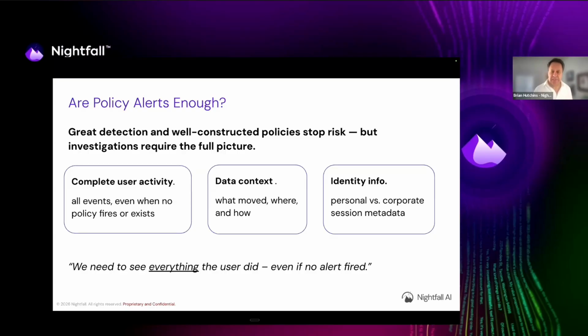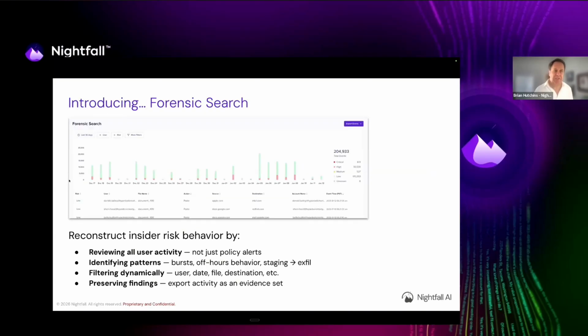And so we've been listening, and the feature I'm going to show you today is brand new. It's called Forensic Search. What we've heard from you all is that when you need to reconstruct or do an insider risk investigation, you need the ability to review a user's activity over time, and not just the policy alerts, everything.